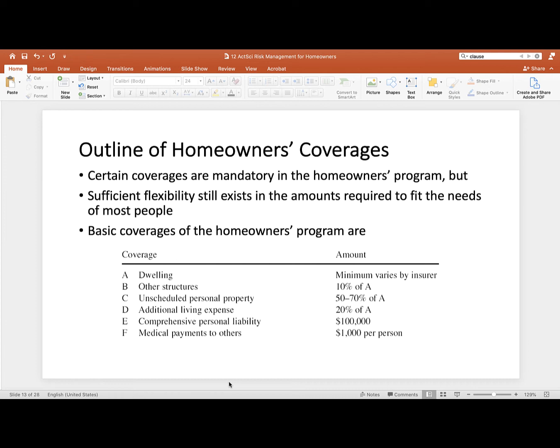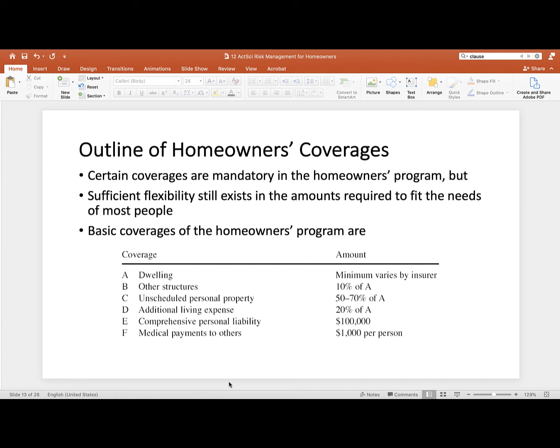Some insurers said to me there's a minimum amount, and I don't care if you don't want to insure it, there's a minimum amount that we're going to cover you for. I said, if you don't cover me for that, then I should get a cheaper premium because you're removing some of the coverage. But they said, no, it's fixed. You can't go below $5,000 for the insurance of the contents.